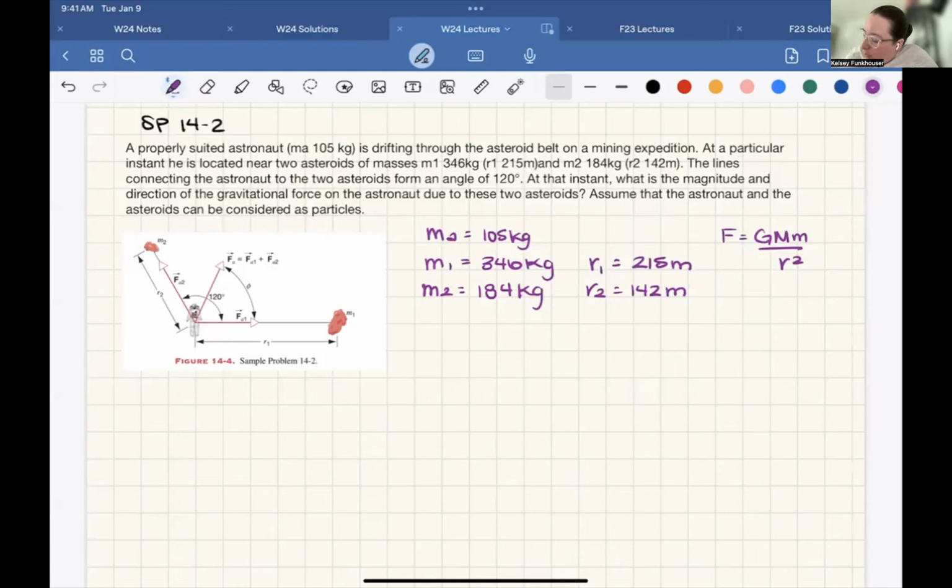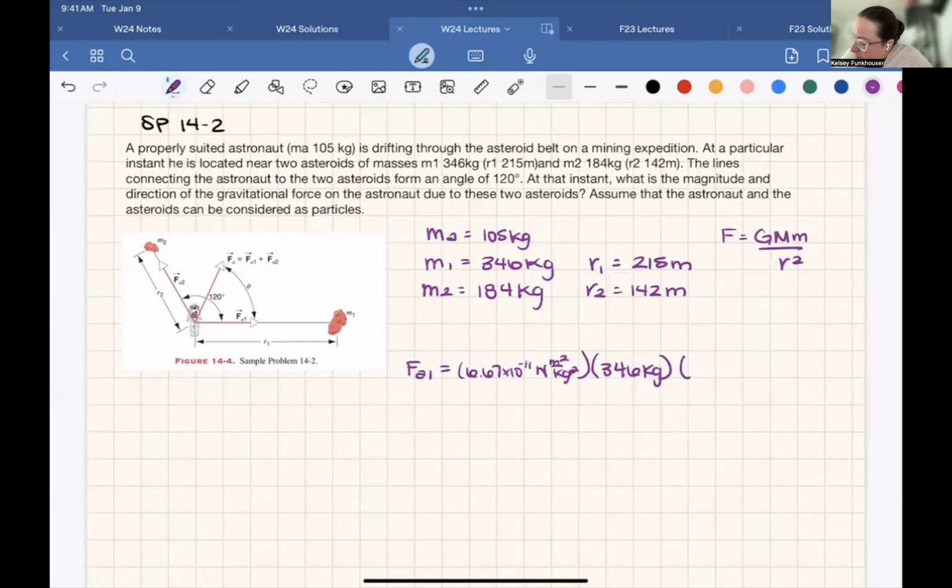So we are going to start with the astronaut, and we'll just start with mass 1. G is again 6.67 times 10 to the negative 11 newton meter squared per kilogram squared. And then we'll say the mass of the asteroid first, 346 kilograms.